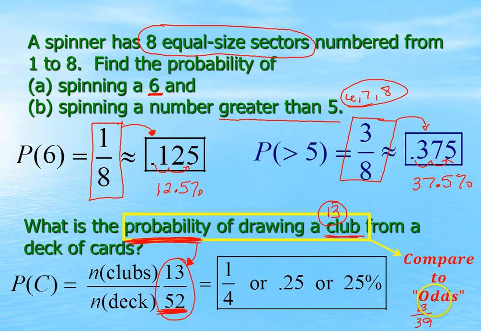Because remember, when we talk about odds, it's what you're for versus what you're against. Against is 39 cards that we would be against versus probability. What goes on the bottom? Total. The total is on the bottom. So do not get those confused, okay? Probability and odds, they're a little different from each other.